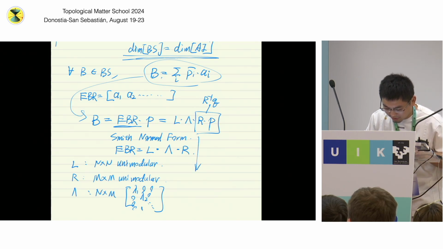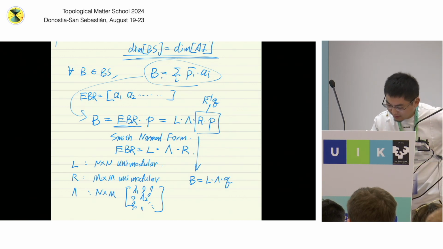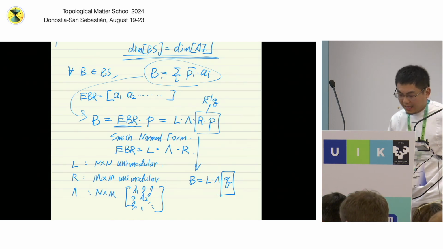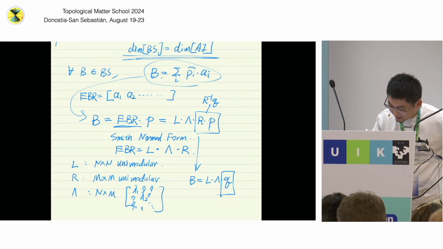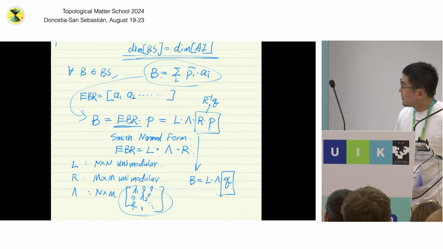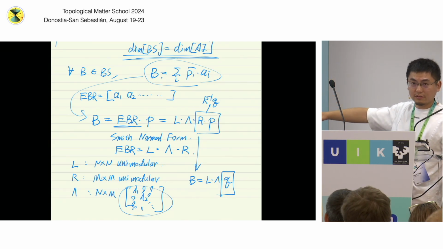So the problem is simplified to this form. We want to find the integer valued vector Q for this problem, and remember that this lambda has a diagonal form, and the diagonal elements are all integers.